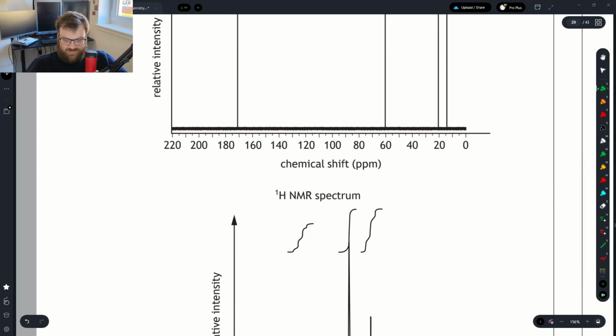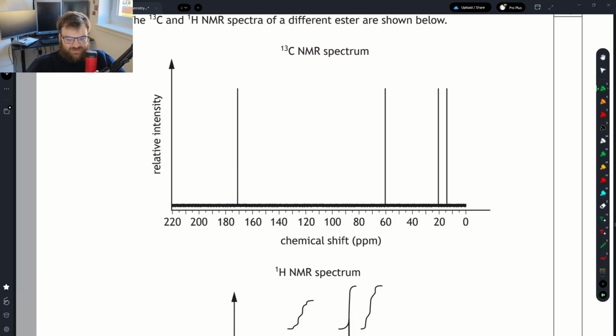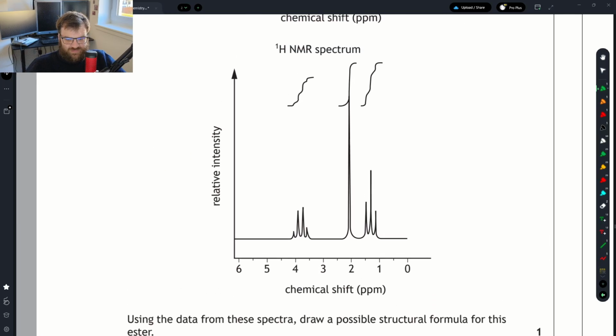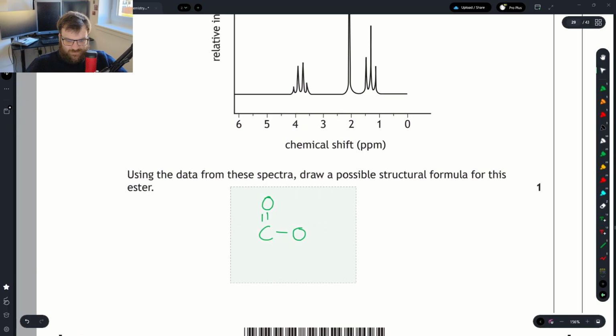Next up. Okay, in this next one we're dealing with a different ester, where we've got 4 carbon environments, and 3 hydrogen environments. So the first thing I would do is put in my carbon double bond with my O for my ester link.